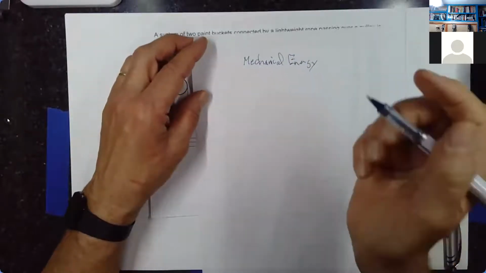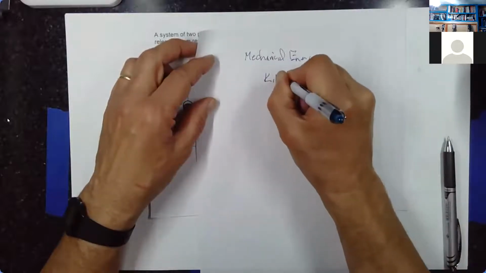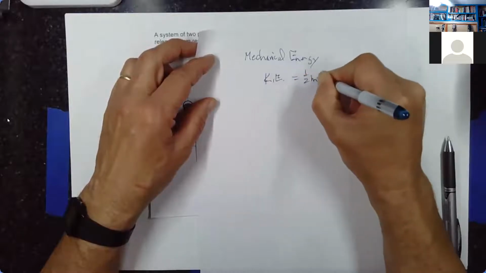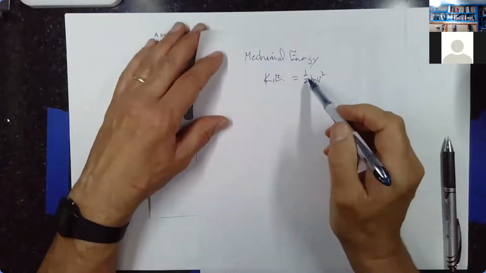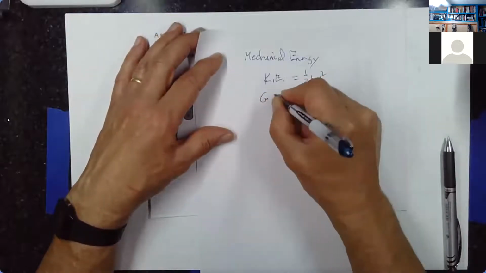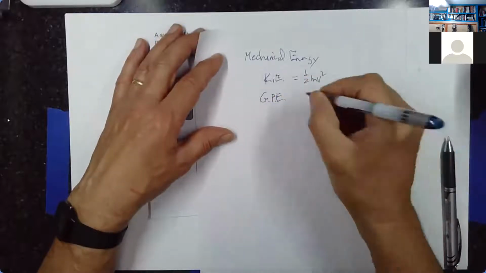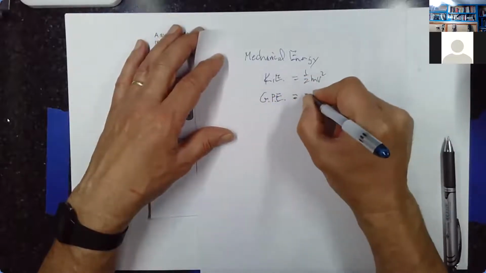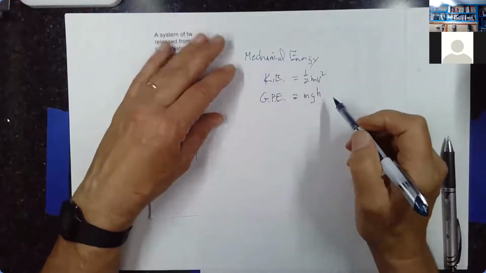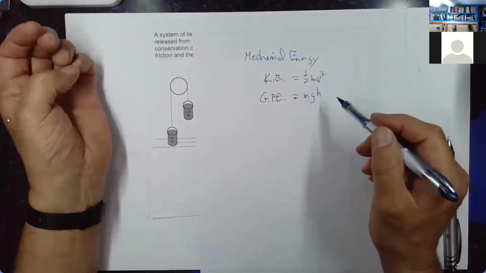The mechanical energy shows up as either kinetic energy, KE, which is the 1/2 mv squared, and that's pretty much the only kind of mechanical energy we're going to have for the motion, but it's also, for us, been gravitational potential energy. The expression we're using for that is just mgh, where h is the height above some reference point, and we get to pick where that reference point is.